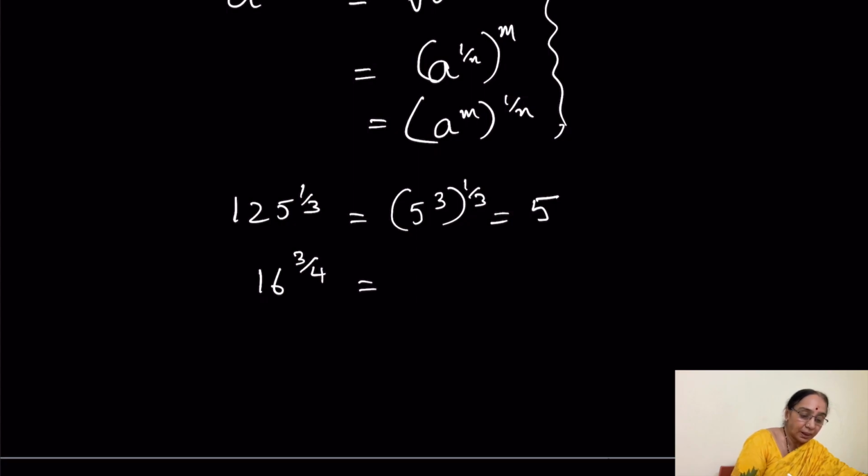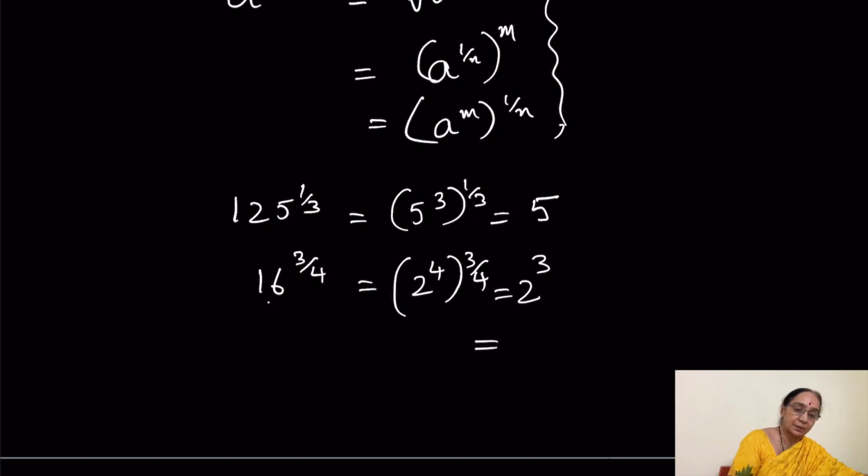See, I prefer writing it as exponent rather than using the radical wherever possible. So 16 I know is a power of 4, is 2 raised to 4, and that is raised to 3 by 4. Now that 4 cancels out, you are left with 2 cube, and the answer for 2 cube is 8. So 16 raised to 3/4 is 8.